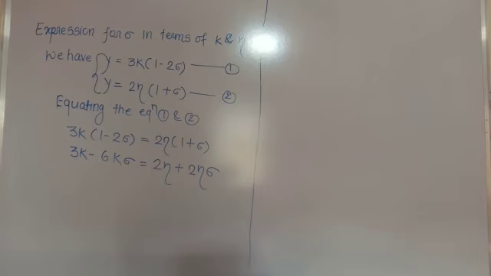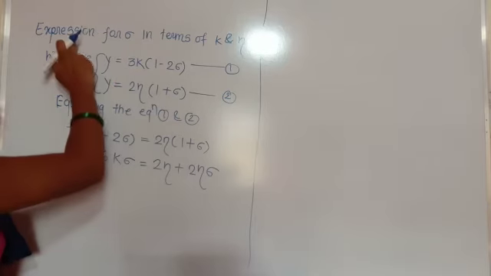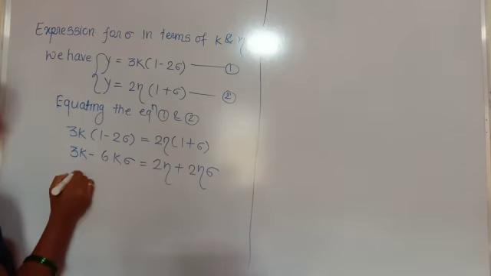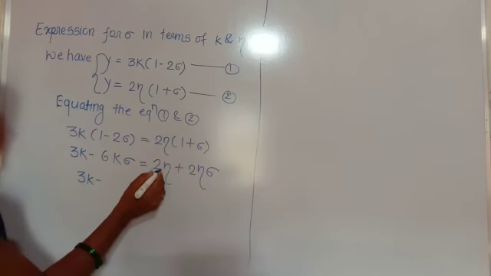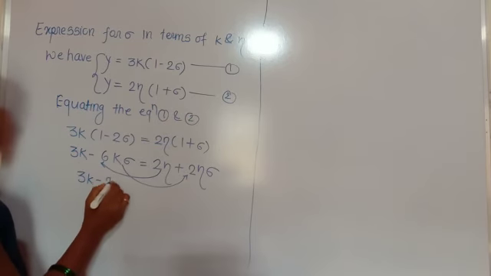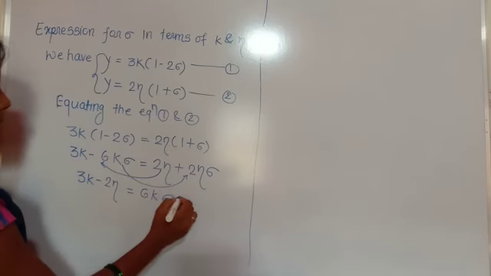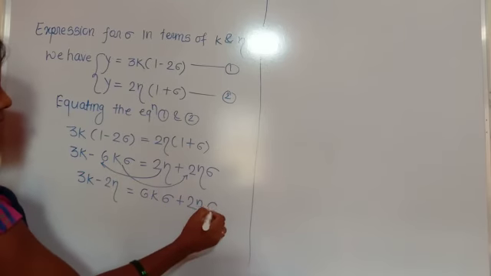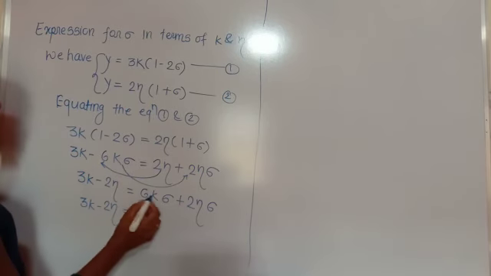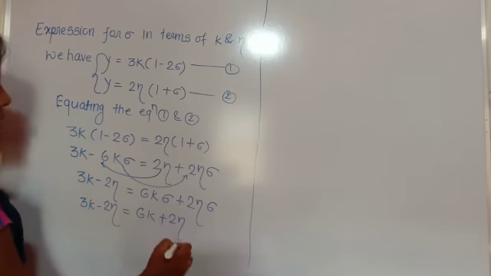Rearranging the terms, since we want an expression for sigma, 3K minus 2 eta equals 6K sigma plus 2 eta sigma. Then 3K minus 2 eta equals sigma common, (6K plus 2 eta).